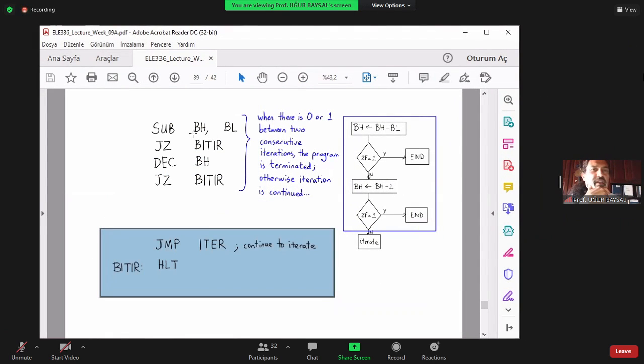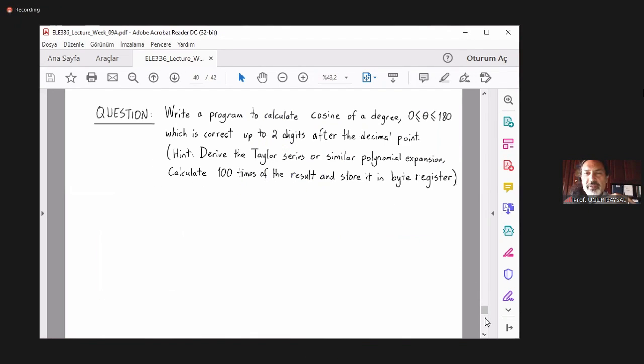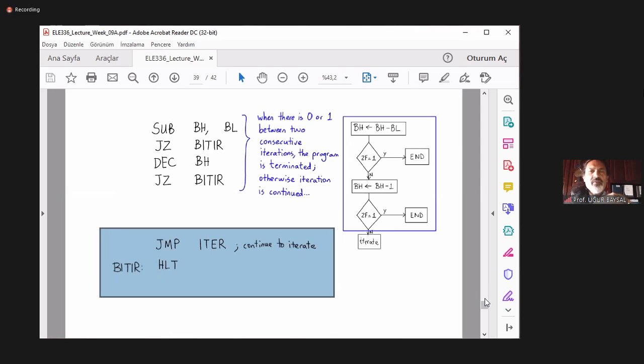If the result is 0 or 1, then it will be stopped and the program should end. Well, I have not included the screen version, but I have tested this program in my lecture room. So it's also given to you as an exercise to test the program in the emulator environment.